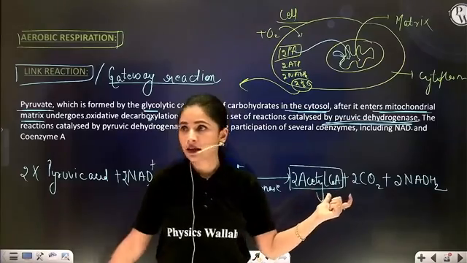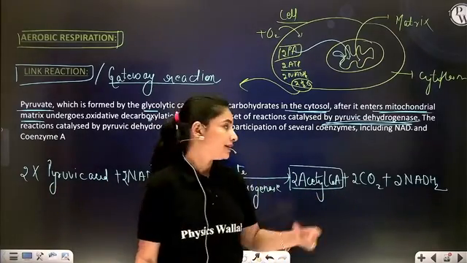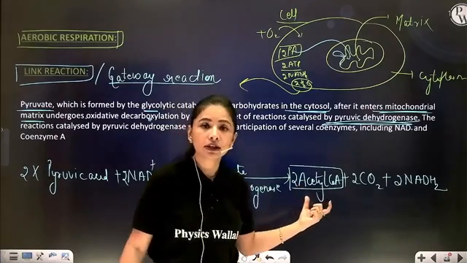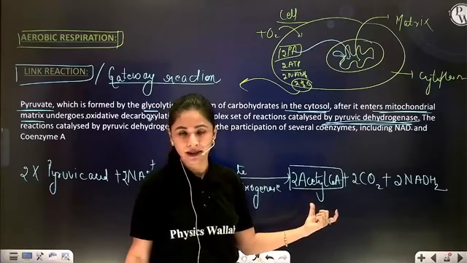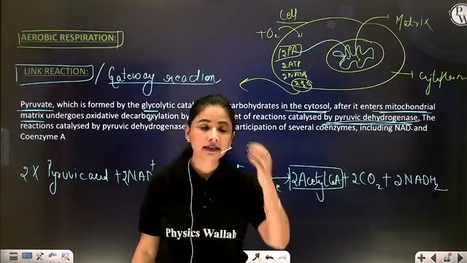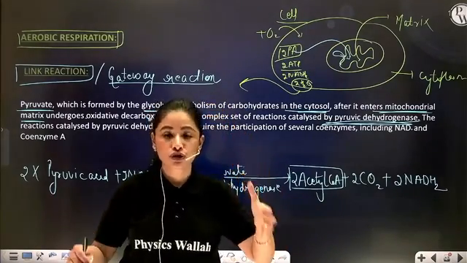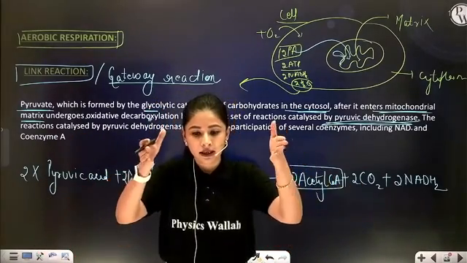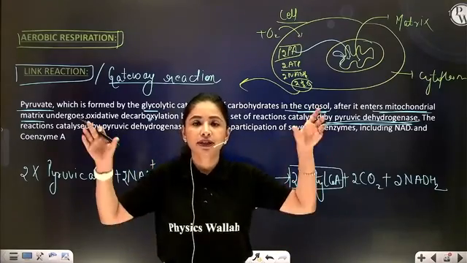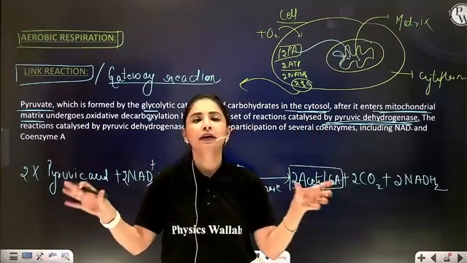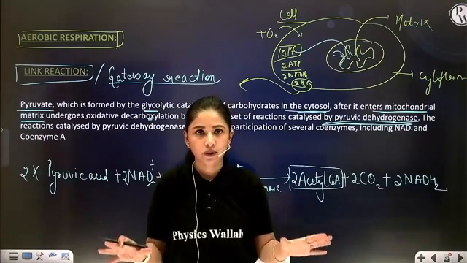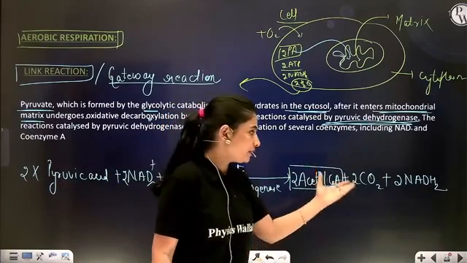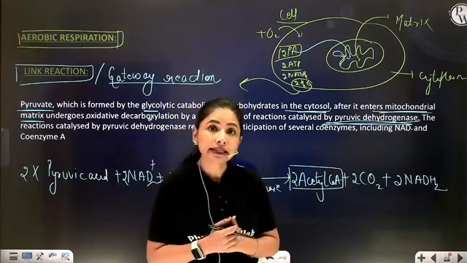Because in the Krebs cycle, pyruvic acid cannot be utilized; acetyl coenzyme A will be utilized. And for that, you need to first convert pyruvic acid into acetyl coenzyme A. Hence, this link reaction or gateway reaction is joining glycolysis to the Krebs cycle. It is just an intermediate reaction between the 2 major processes of aerobic respiration. I hope all the 3 steps of how we convert pyruvic acid into acetyl coenzyme A are clear.